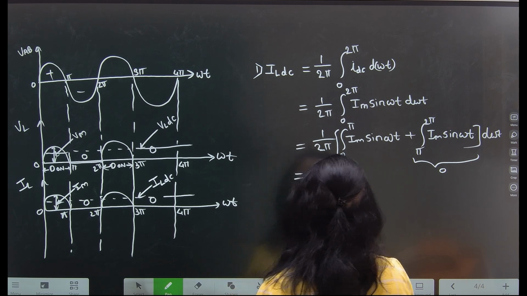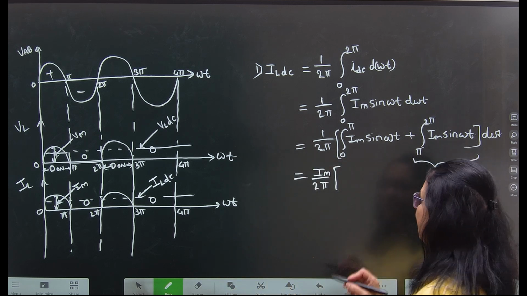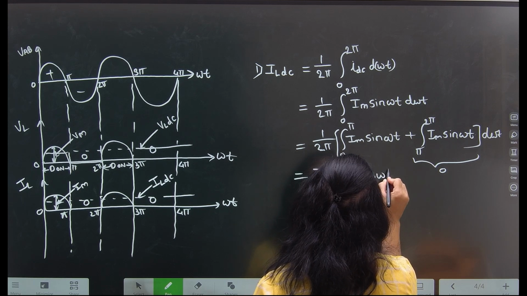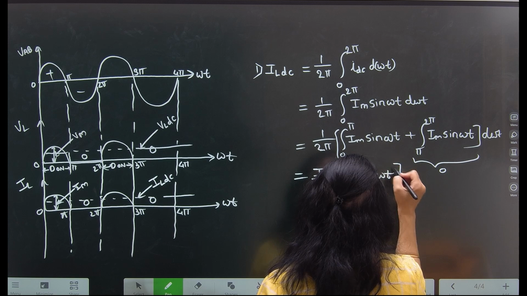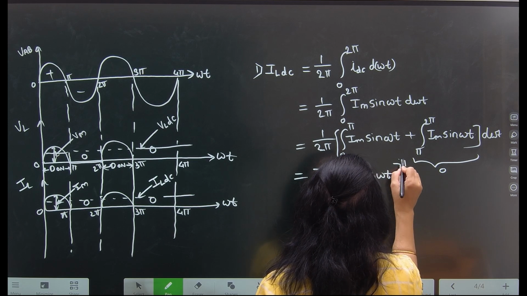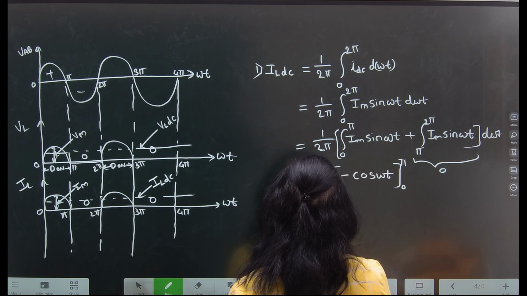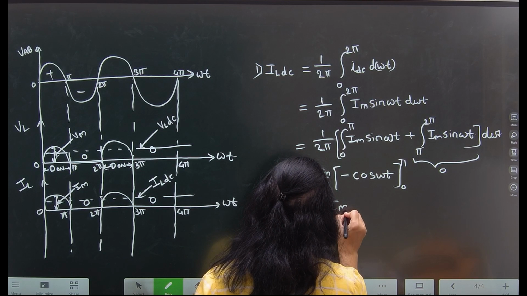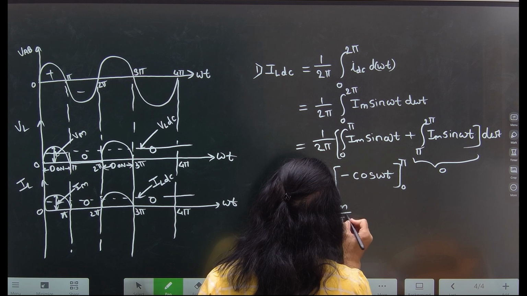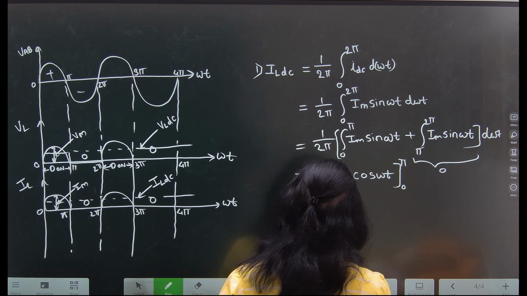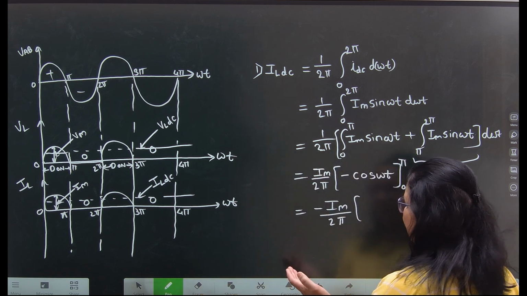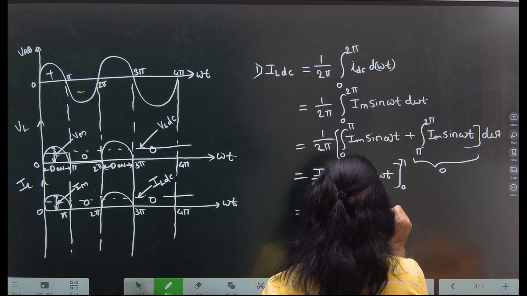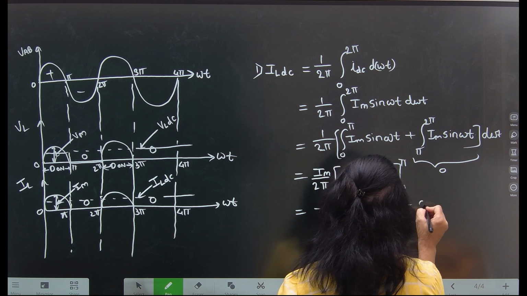Im is a constant term, so I'll take it out, and the integration of sine omega t is minus cos omega t, with limits 0 and pi. So the value is, taking the minus sign outside the bracket, Im divided by 2 pi into cos of pi minus cos of 0.